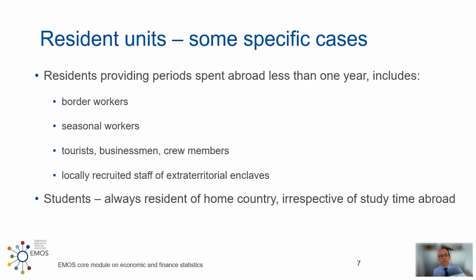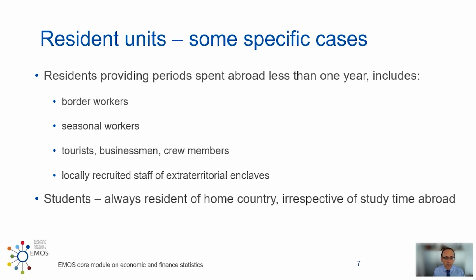Then some specific cases of resident units I want to explain to you. So residents providing periods spent abroad less than 1 year, for example, border workers or seasonal workers, are counted to be resident units of their home country, so where they live and sleep, basically.